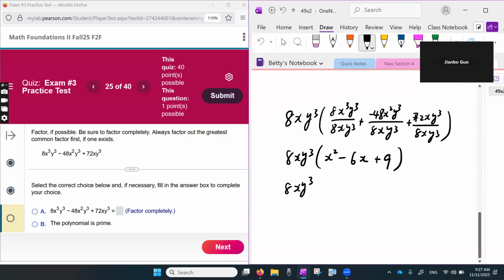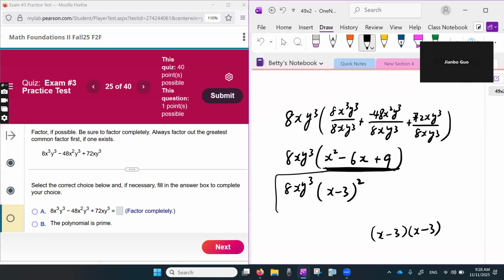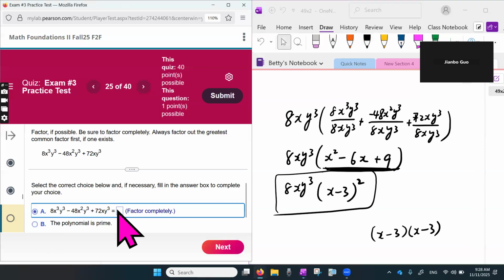You can use the shortcut method, or if you notice, you can see this trinomial is a perfect square trinomial. That actually is x minus 3 to the power 2. You can double check: x minus 3 times x minus 3, 3 times 3 multiplied to 9, and negative 3 and negative 3 add up to negative 6, right? So that's the final answer. It is factorable.